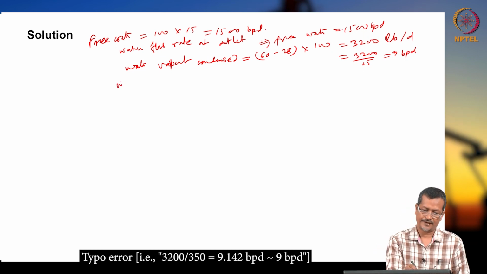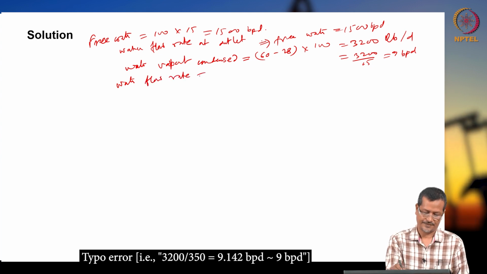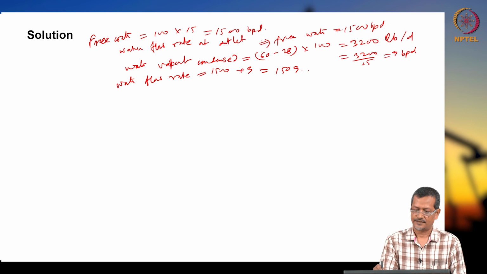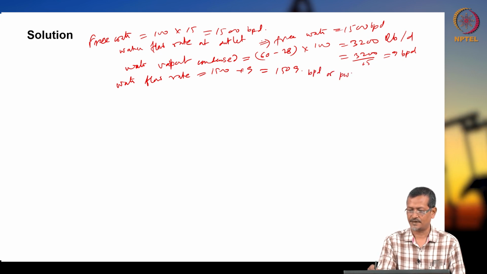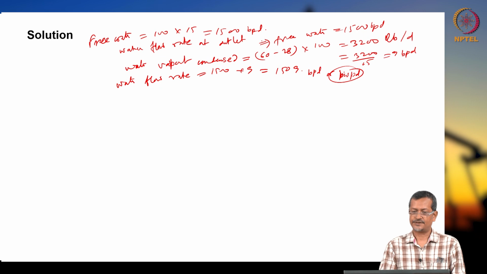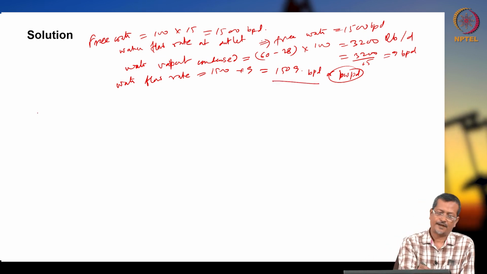Okay. So, water flow rate will be 1500 plus 9 equals 1509 BPD, or you can write BWPD, barrel of water per day. Now, this question asks how much water will be flowing. Okay, free water. Now, heat duty.